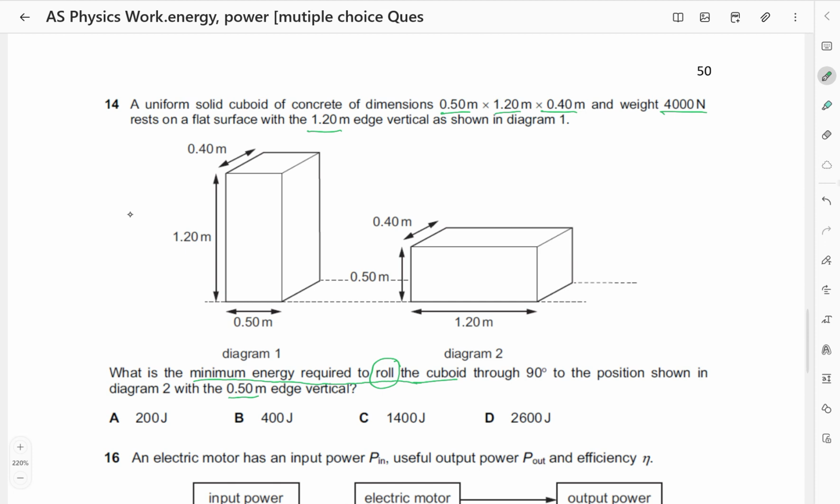So I want us to notice that if we try to roll this, initially the center of gravity of this is along a line which is at the center here. Now, if we try to roll it, I'll just take off one plane, which is the one which is a rectangle. So let's try to roll this by raising it.